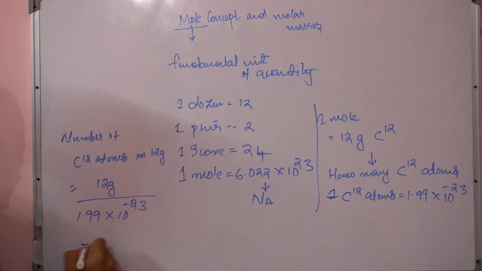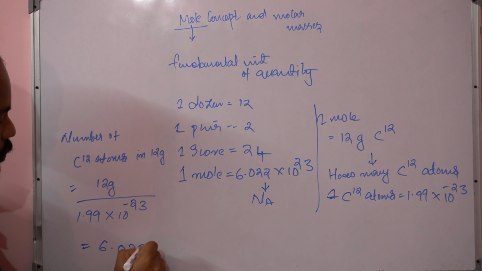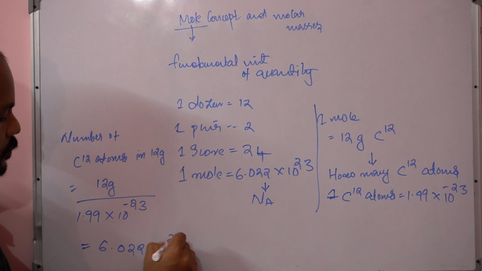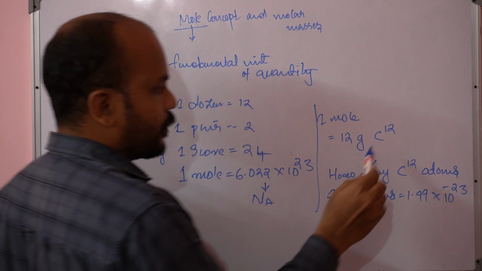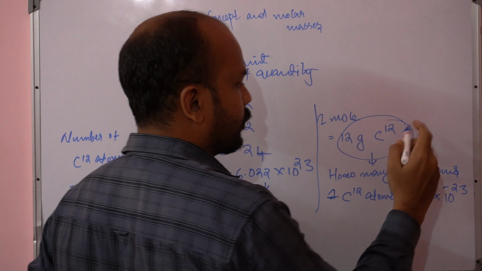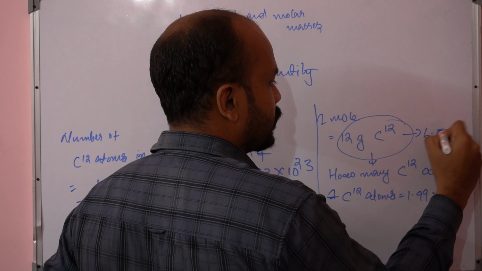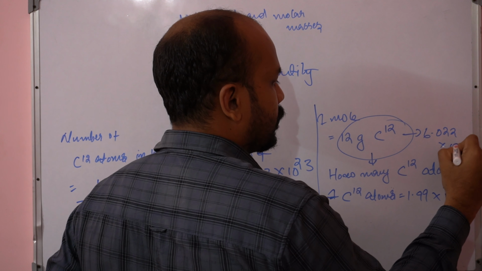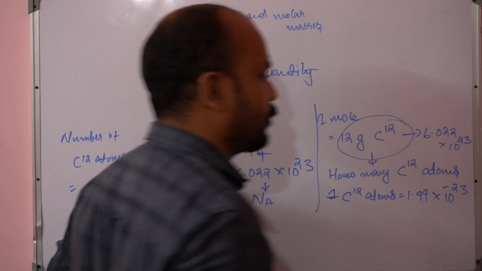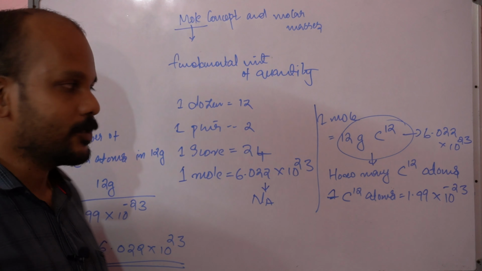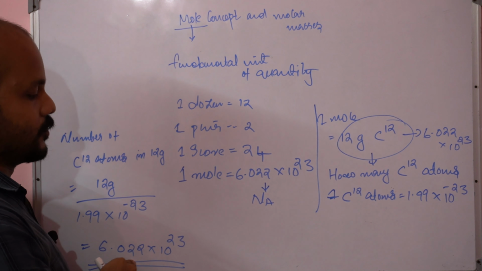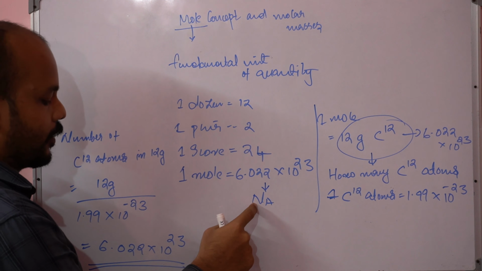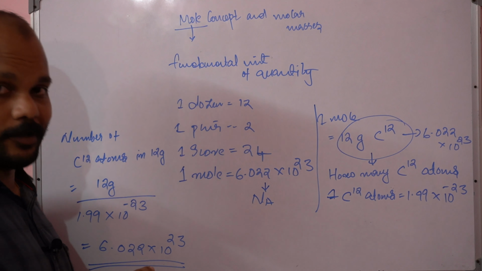The 12 gram is nothing but the atomic mass also. So you will get around 6.022 into 10 raised to 23. That means, if you take 12 gram of carbon 12, it will contain 6.022 into 10 raised to 23 carbon 12 atoms. So this is how this digit has come, and as I told you already, it is known as Avogadro's number.